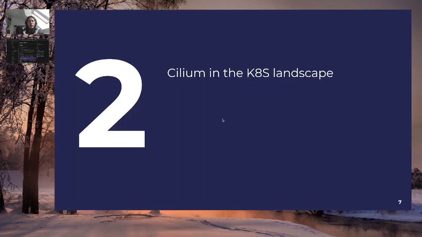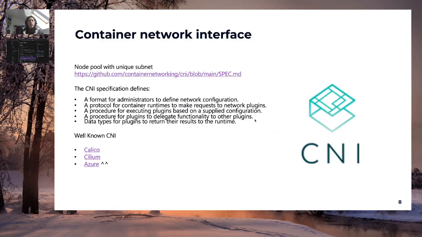Let's move on and now talk about Cilium in the Kubernetes landscape. Before that, I want to again step back and define some definitions. We talked about CNI since the beginning. CNI stands for Container Network Interface, and it is a specification that defines the standard for providers to develop their solution.